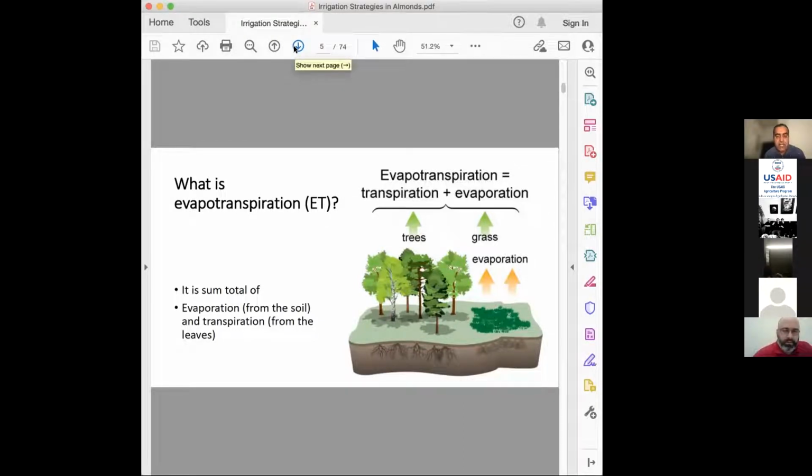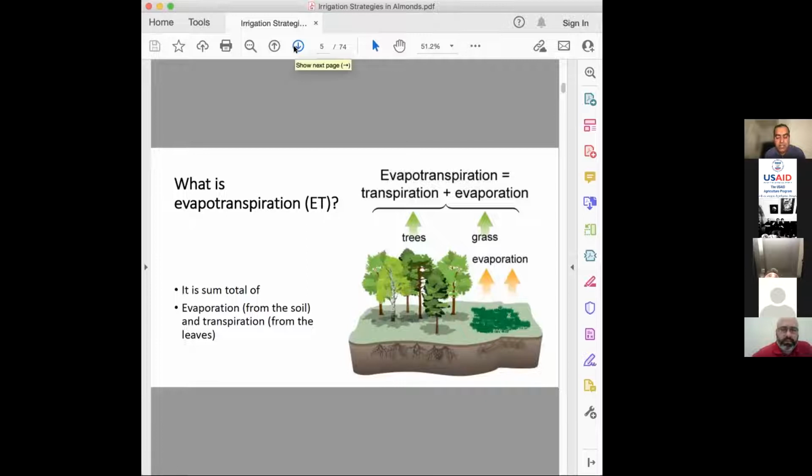The underside of the leaves has stomata, and transpiration is a part of the photosynthetic process. The trees lose water drop by drop, molecule by molecule, and it dissipates into the atmosphere. The sum total of transpiration plus evaporation is evapotranspiration, and that is basically the total water loss from an orchard system.